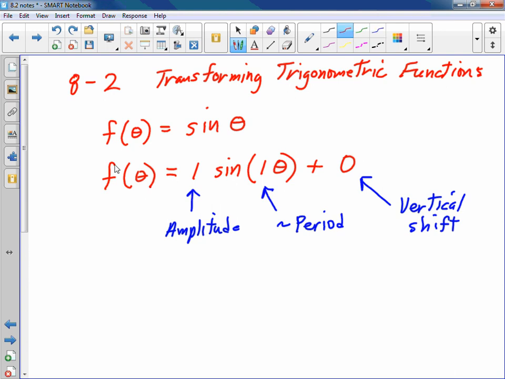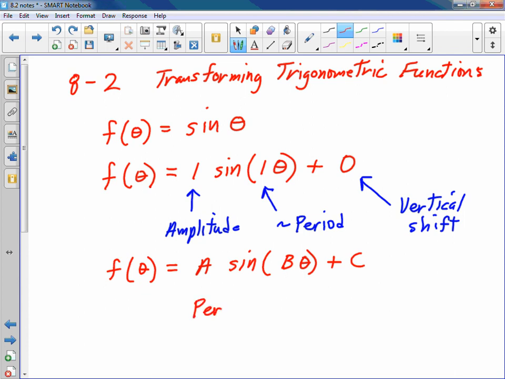The general form you'll see in your book probably is f of theta equals a times sine or cosine b theta plus c. And that's good too, if you can leave some general terms there. And I should point out that for this to work, you have to have an understanding of B. And I think that's what was causing Sean some heartburn today.